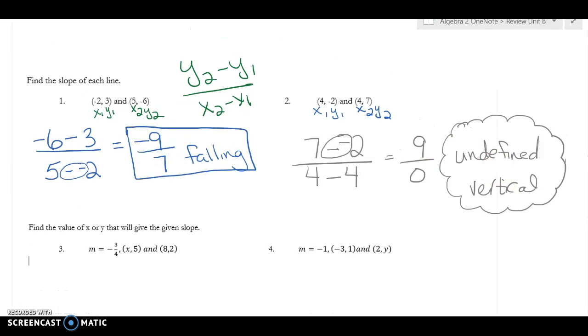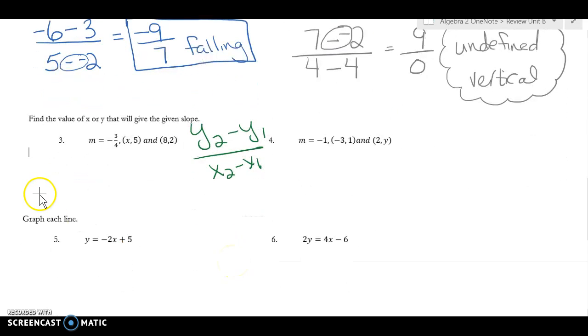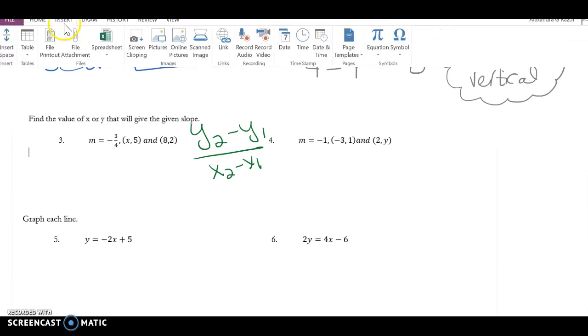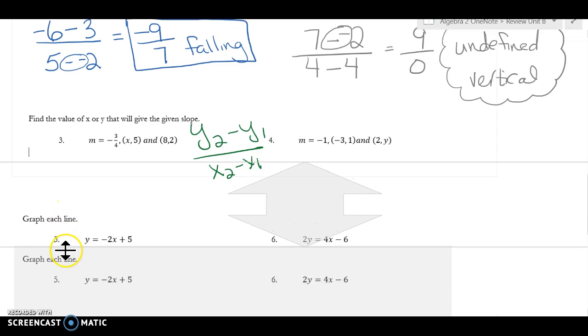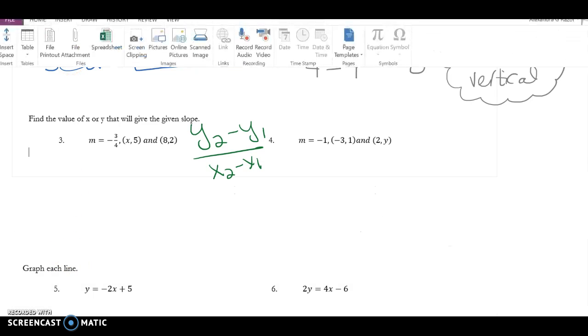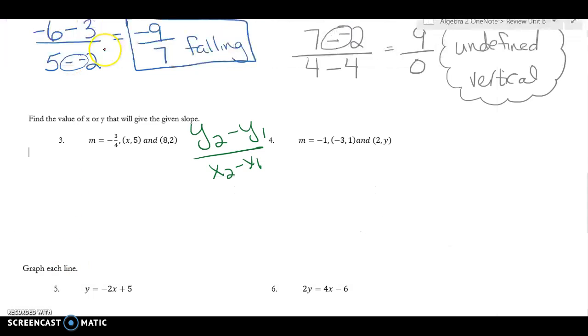All right, let's look at this next one. I'm going to copy this formula and bring it down here. I'm going to insert some space. Now, given the slope, we have to find a missing point.